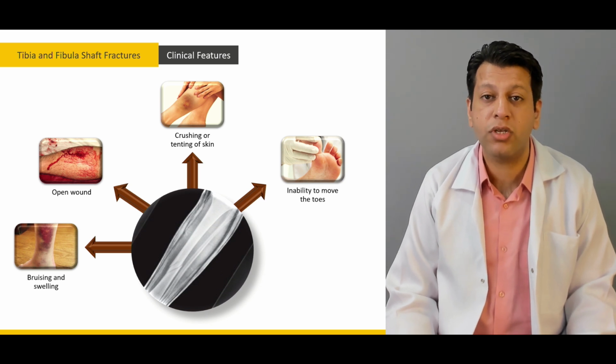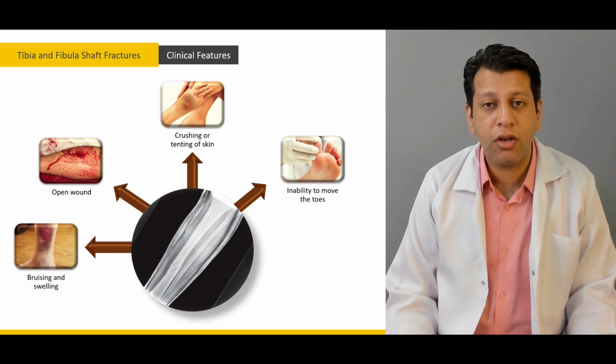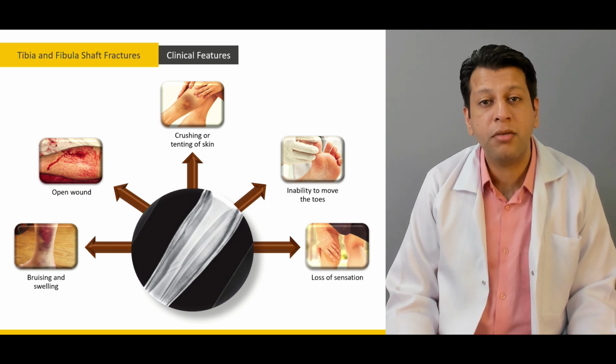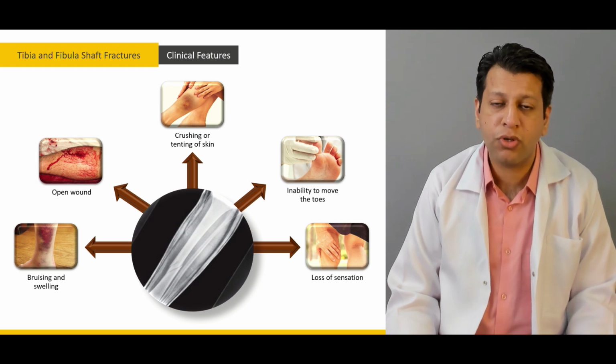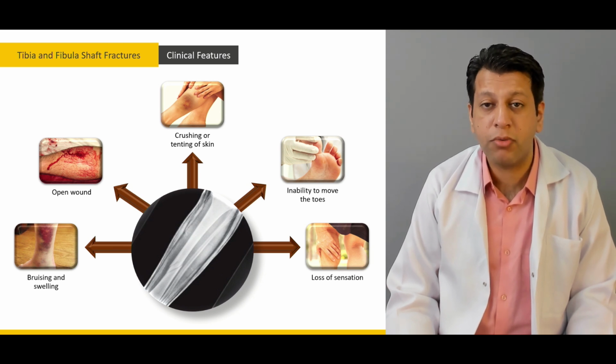Because if there is associated compartment syndrome or vascular compromise, it may be difficult for the patient to wriggle his or her toes. There may be loss of sensation, if there is associated neurological compromise at the time of injury, or neurological compression which may occur secondary to compartment syndrome.